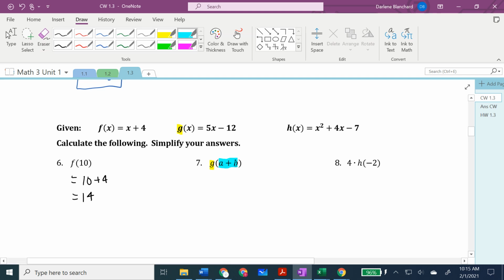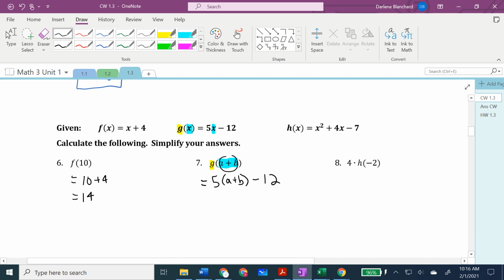The input is going to be a plus b. So when the function is defined, it is defined as 5 times input minus 12. You're going to do 5 times minus 12, and then whatever is in there, you're just going to put it in.